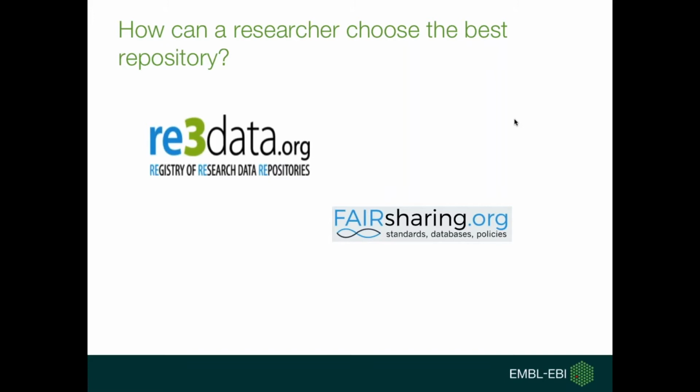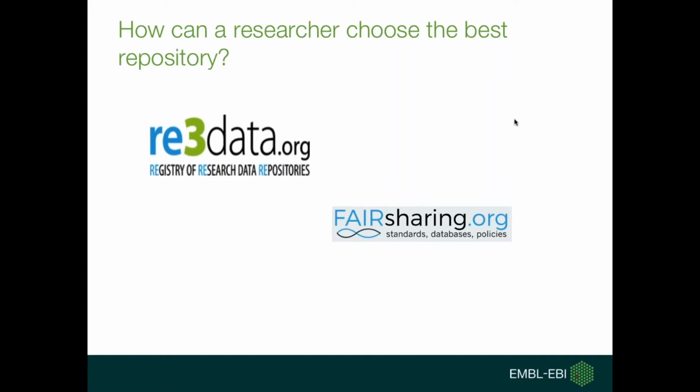So there are many databases in place for many different types of data, and it's true, the array of different databases can be a bit overwhelming. Luckily, there are databases about the databases where you can go and look these things up. Two that we've come across during this series are r3data.org and fairsharing.org.